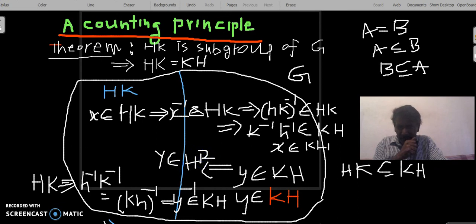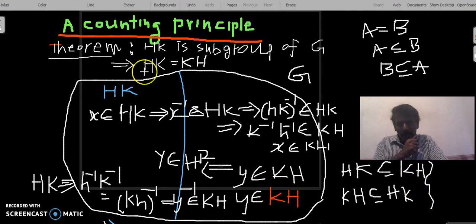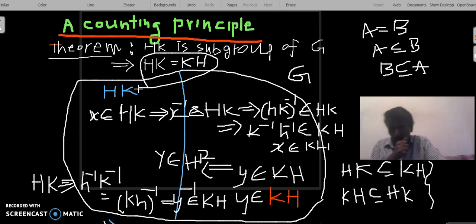So if x belongs to HK, then x belongs to KH, which means HK is contained in KH, and if y belongs to KH, then y belongs to HK, which implies KH is contained in HK. Therefore, both are equal: HK equals KH. That's the way we can prove our theorem here. So thank you very much.